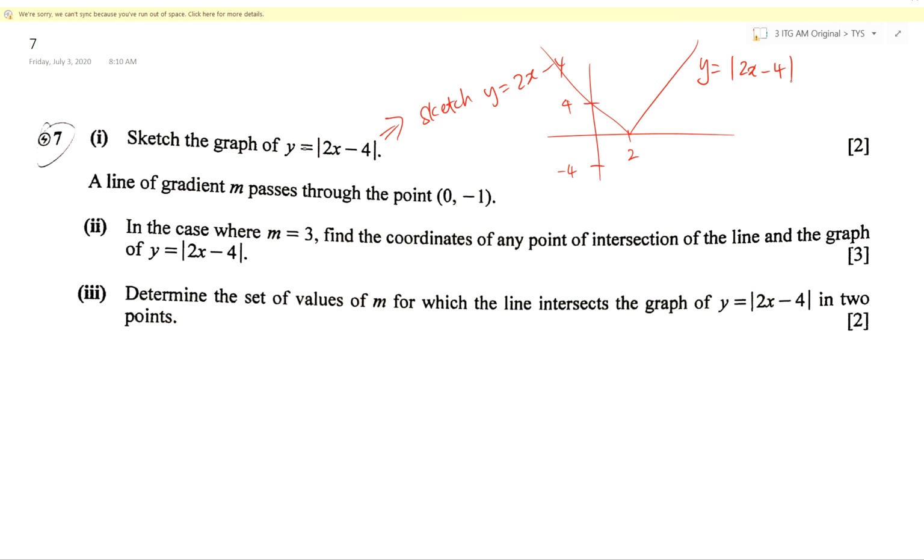Now a line of gradient m passes through the point 0, negative 1. Negative 1 over here. So it has a constant gradient. It is a straight line. There are many possibilities that we can have.